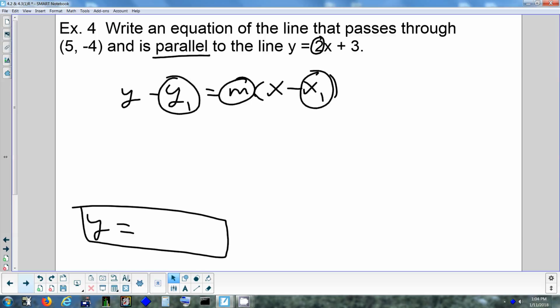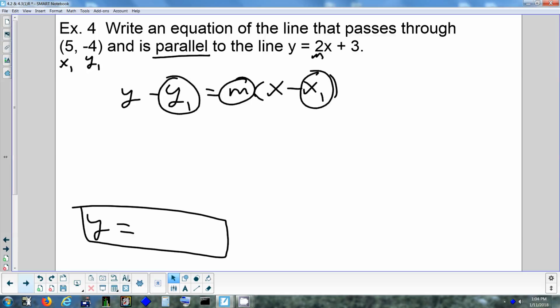Let's identify those 3 things from the information up above. What is y1? Let's just label it. y1 is negative 4, I agree. Let's keep going. m. Out of the things I have left, which one is m? Yep. So there's your m. And keep going. What's the x1? 5.